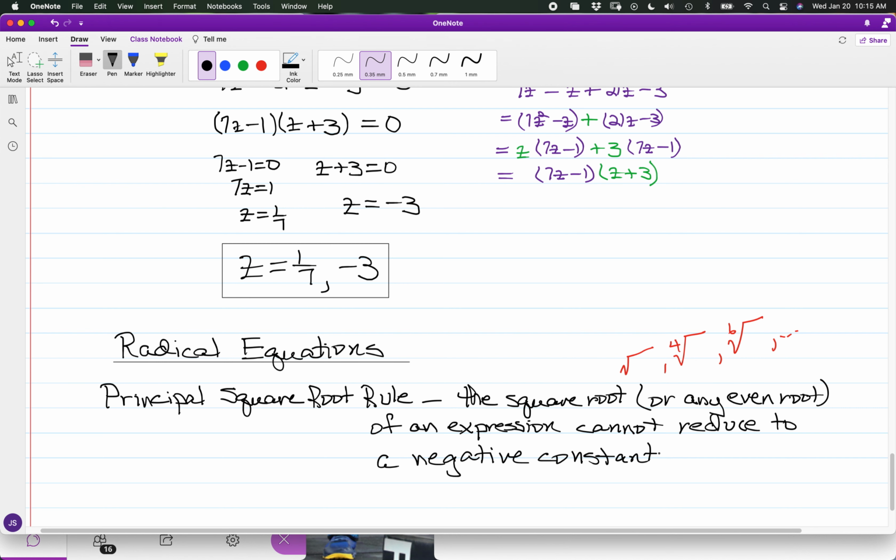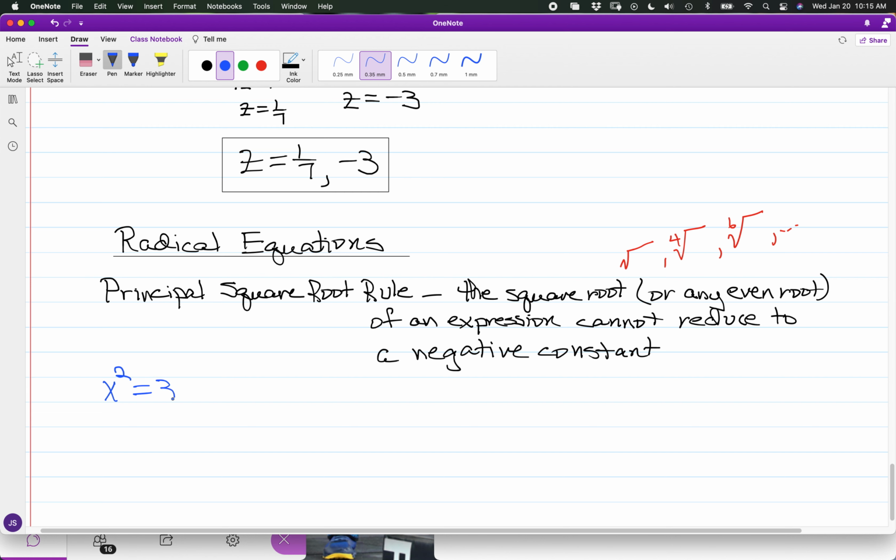And let me give you a little bit of a segue here. When we dealt with not the principal square root rule, but the square root property of equality, we have x squared is equal to 36. That means there is potentially up to 2 solutions if the equation is a conditional, which this one is.